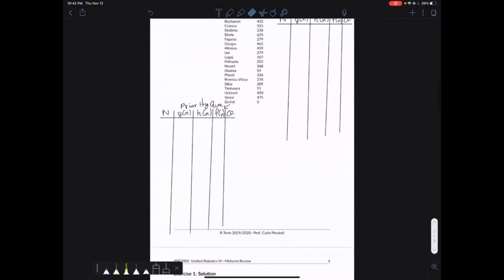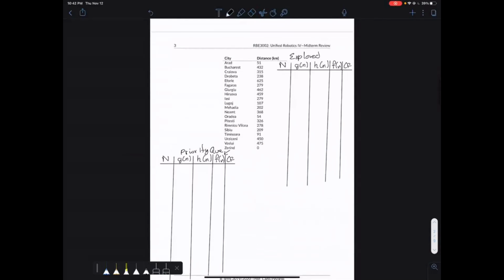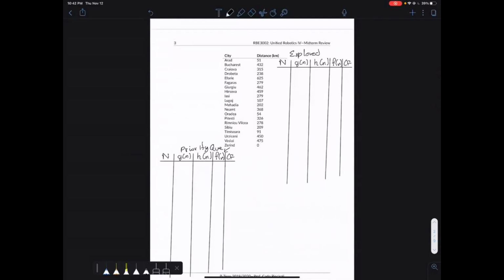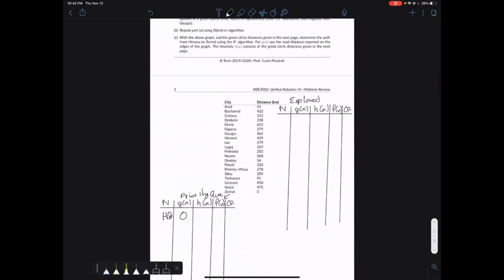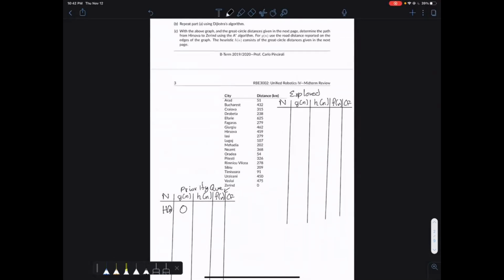Cool. So as always, we start by adding in our main node. Our G of n in this case is going to be 0 because it's the start node, but our H of n, which is our heuristic or evaluator, is going to be 459.